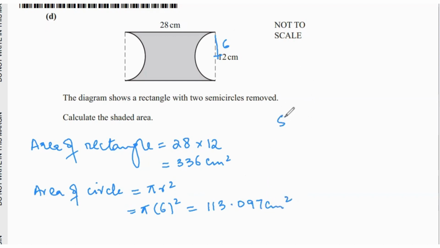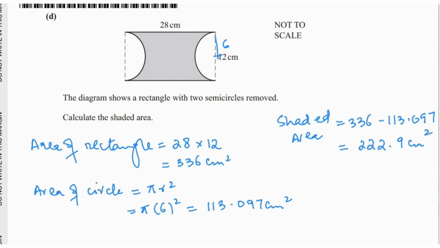So now the shaded area is the difference of these two areas. It is going to be 336 minus 113.097, which is going to be 222.9 centimeters squared. That is your shaded area.